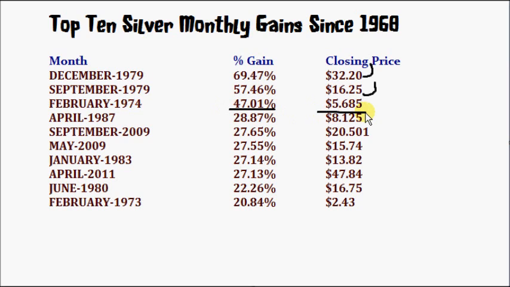1974. This was a breakout within the bull market. April of 1987, that was a failed breakout from really a bear market. September 2009, this was a bull move that obviously continued to go higher over the next year and a half.